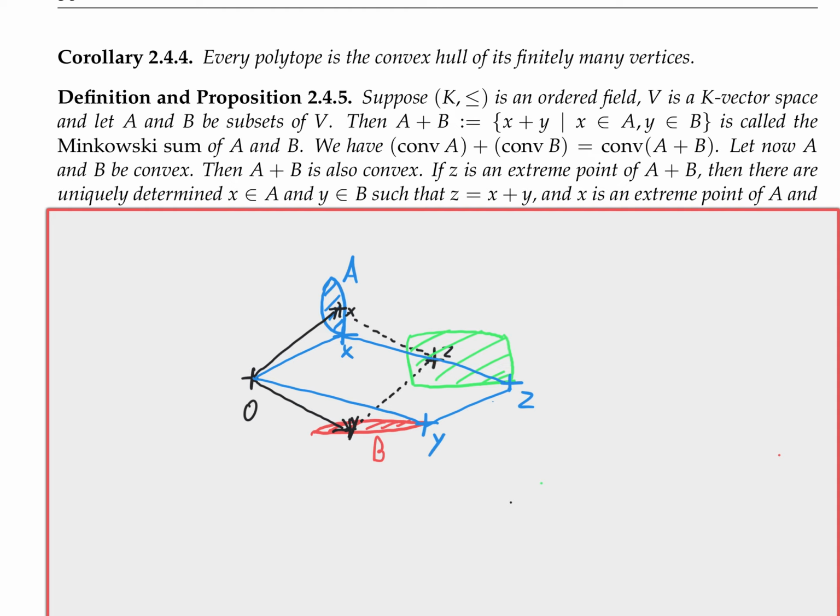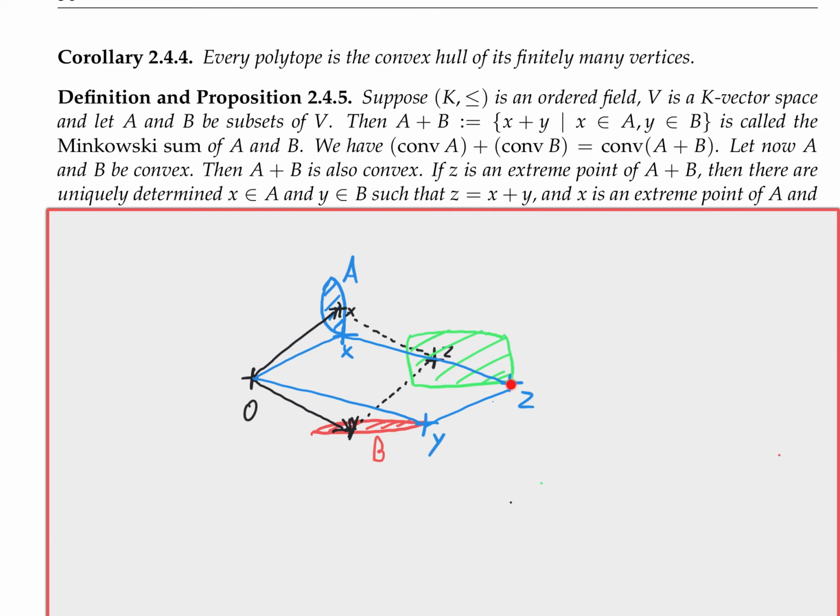Because instead of this x, you could take another x nearby, and you could compensate this by taking another y nearby, right? Probably, right? Well, at least in this example, it looks like this.